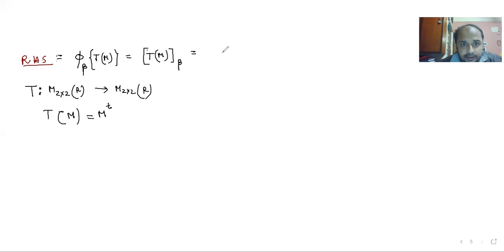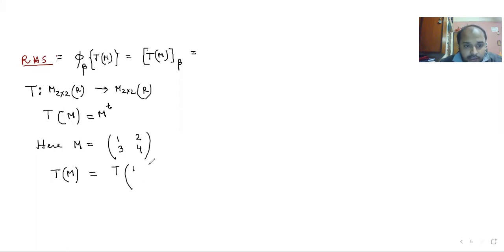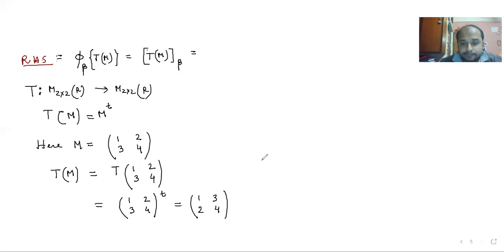That is your T. Now here in this case, your M is 1, 2, 3, 4. And Tm is T of 1, 2, 3, 4. That is by definition 1, 2, 3, 4 and its transpose. And that is 1, 3, 2, 4. Okay, so we have calculated Tm.